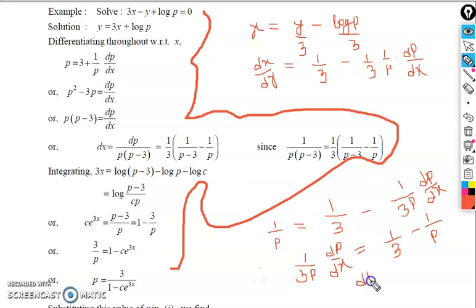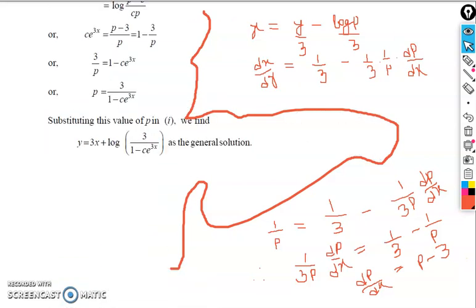So the ultimate result becomes dp/dx equals p minus 3. The result should be p minus 3. How can I write the next part of this problem?